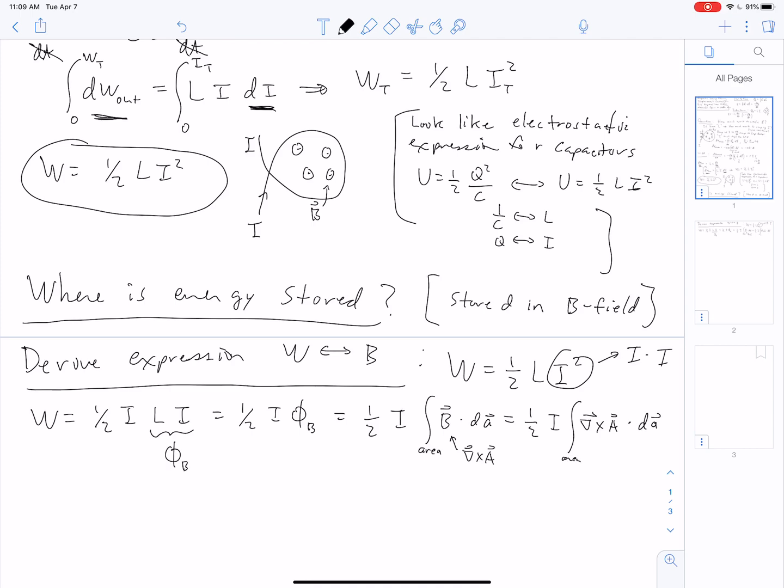But of course, you know what happens if I integrate a curl over the area of a membrane. We can then use Stokes' Theorem. That's what we always do.